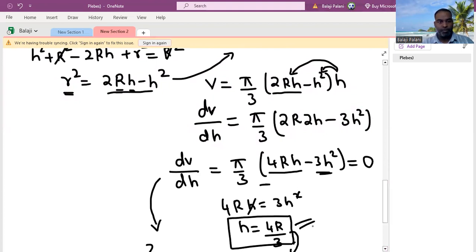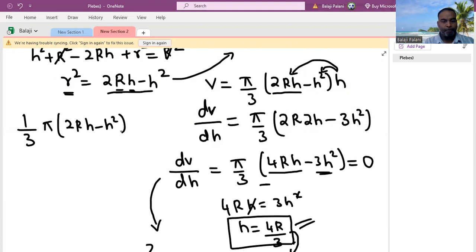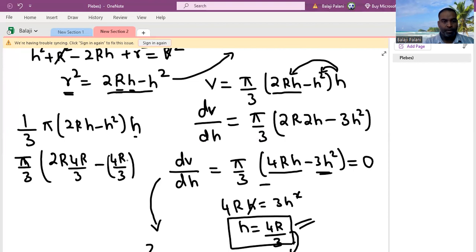So I'm going to replace both the values here. 1 by 3 pi into r square into h, right? Which is going to be 4r by 3. So I'm solving this here. This is pi by 3 (2r into 4r by 3 minus (4r by 3) the whole square) into 4r by 3.